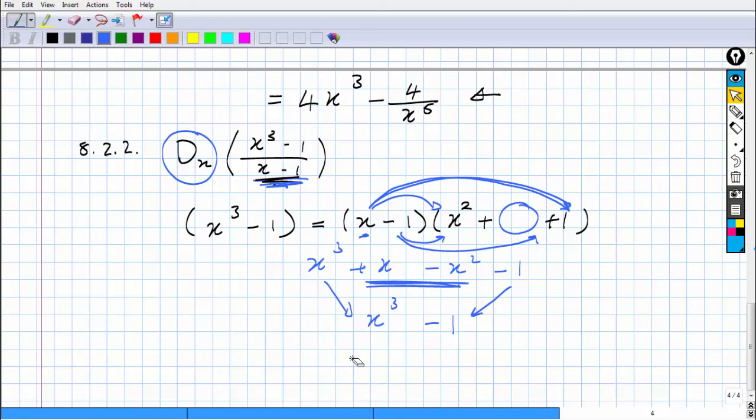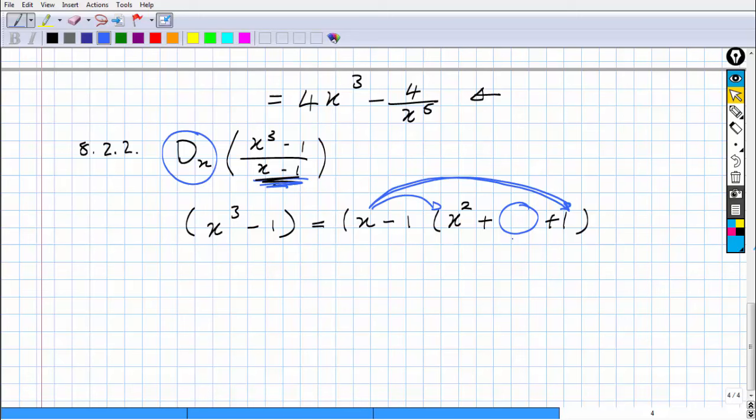So let me show you how that works. If we multiply it out, if we put an x in here, we found that out because remember I said we need to fill in the opposite, so we put in a plus x.